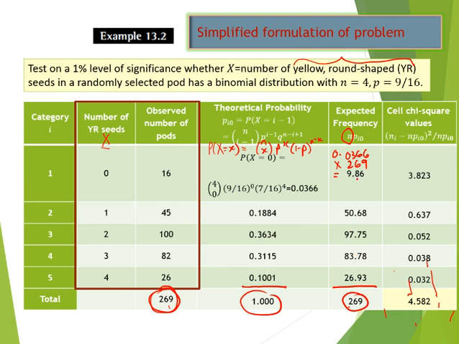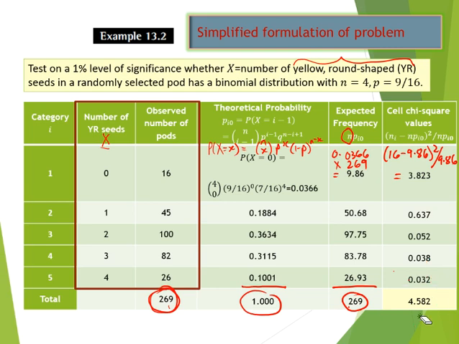You don't need to combine adjacent categories. You can calculate the chi-square values everywhere. So this, for example, let's just look at that again, is 16 minus 9.86 squared divided by 9.86, which will give you 3.823. Likewise for the following categories.